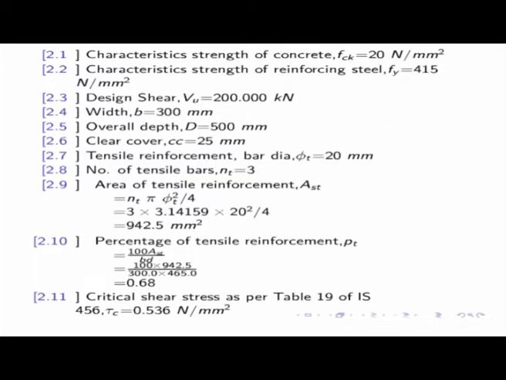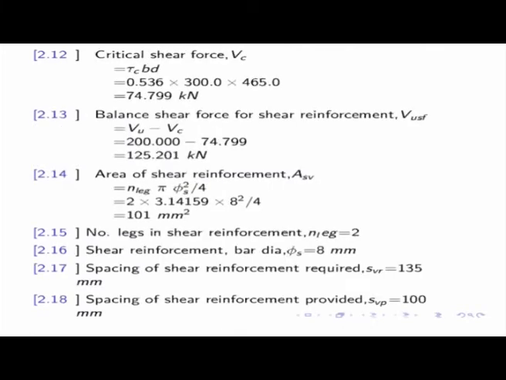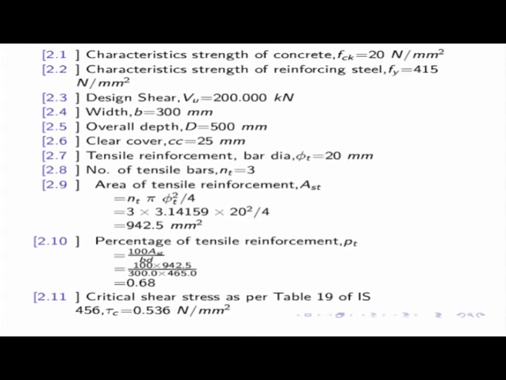Okay, so we are getting this 0.536 Newton per square millimeter. This value we are getting here from that table. You have to find that by linear interpolation, so that we can use this value. That is the value of tau c, this is called tau c.